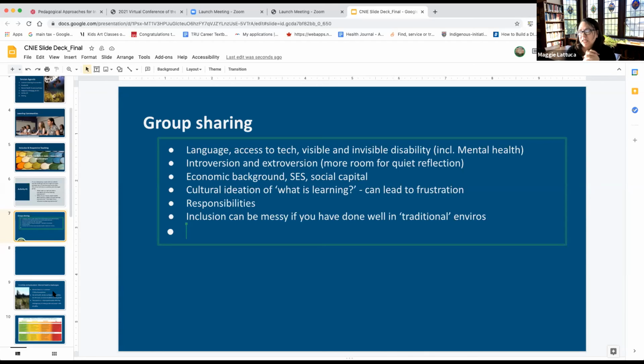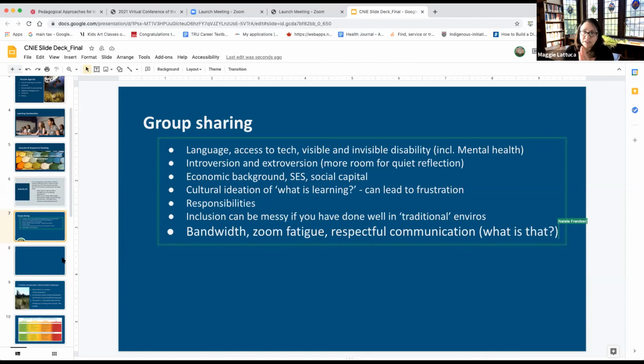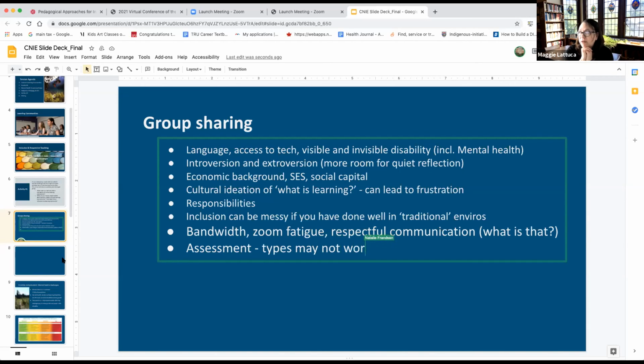To it, we will add things like bandwidth, Zoom fatigue, open and respectful communication, ensuring that happens, ensuring that people know what that is at the start, timed assessments and how that can be disadvantaging to some learners who may be slower to read or to respond.